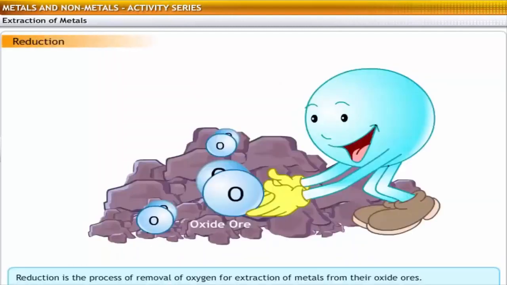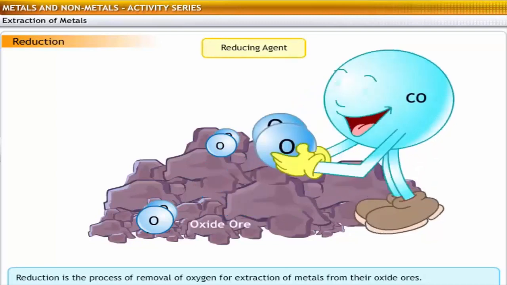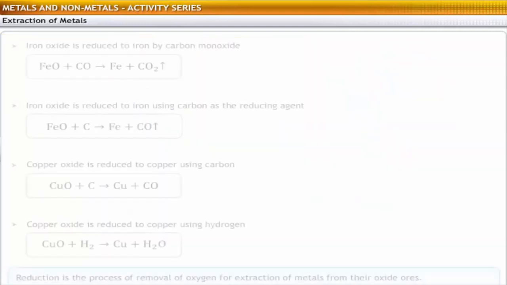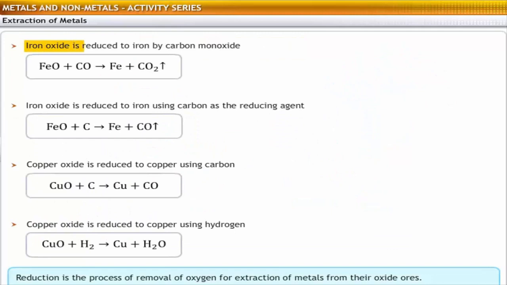Reduction is the process of removal of oxygen for extraction of metals from their oxide ores. The common reducing agents used for reduction of metal oxides are carbon monoxide, carbon, and hydrogen. For example, iron oxide is reduced to iron by carbon monoxide.